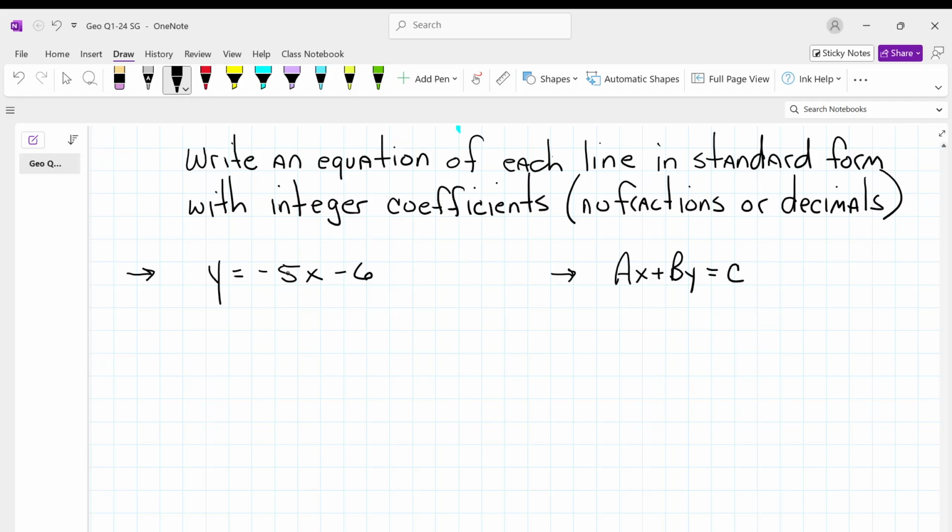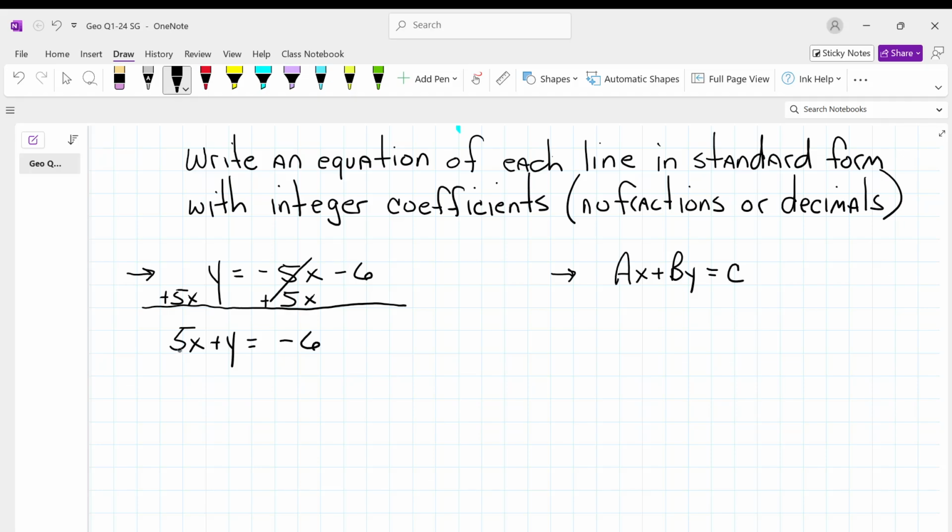So to start, we're going to add 5x to each side. And when we do that, we get 5x plus y is equal to, this cancels, negative 6. And you're done, okay?